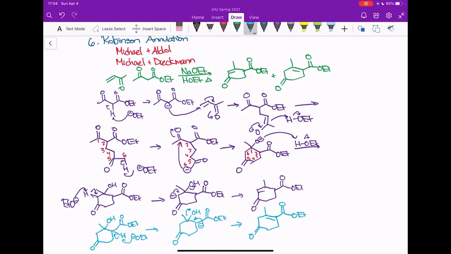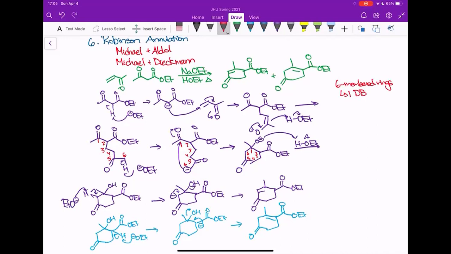A few key characteristics of your product for your Robinson annulation. Something that you should keep in mind is that generally you'll form these 6-membered rings. And in these 6-membered rings, you'll probably have one double bond. Usually the double bond will be conjugated, so you'll see it as an alpha beta unsaturated carbonyl.